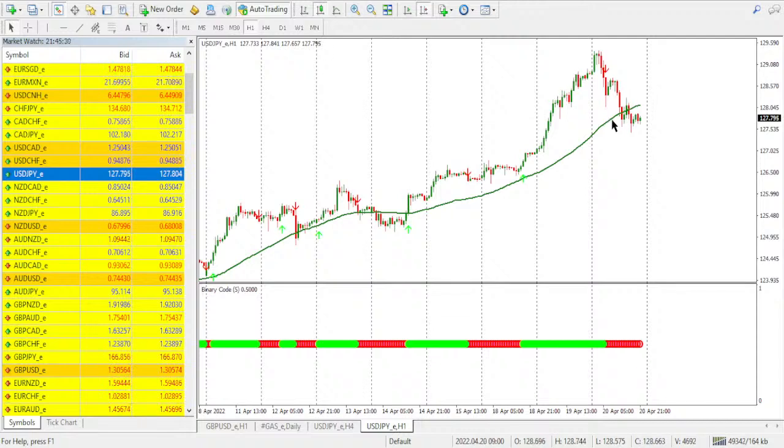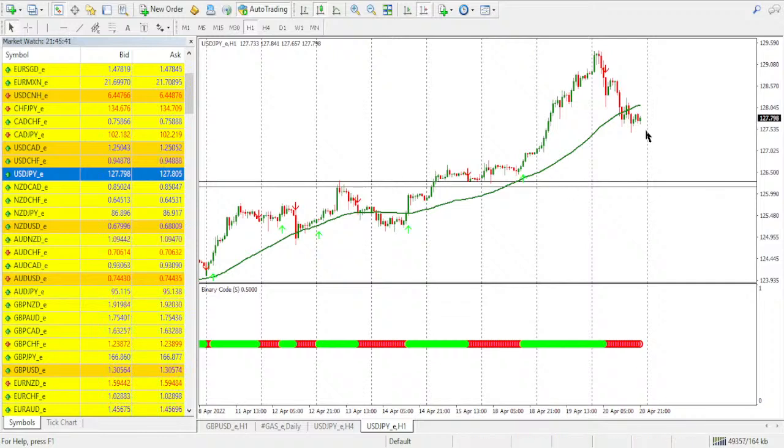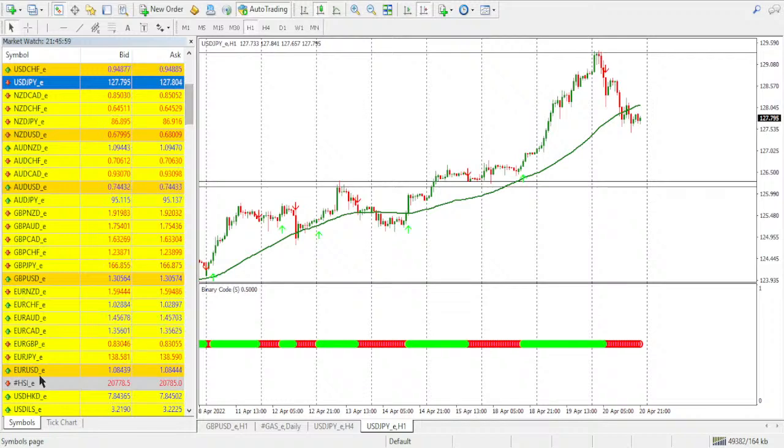We do expect price to maybe correct itself to the lower side, at least up to this point here. If the price bounces off from it, then that will be a good place to look for a buy from, back to this point here. This is around 129.353.